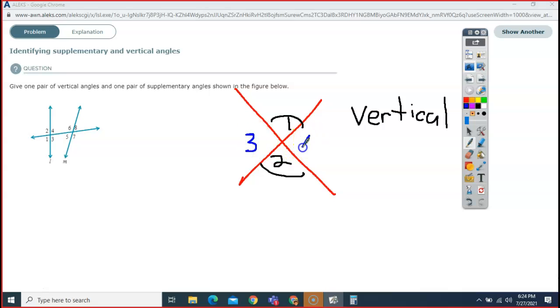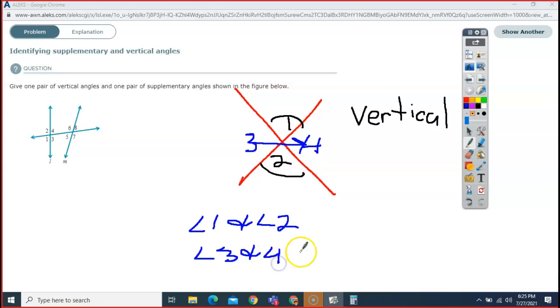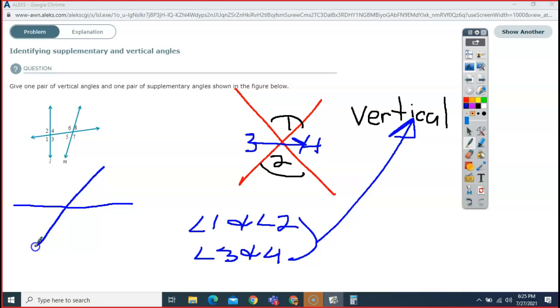Let's go with 3 and 4, because to go from 3 to 4, I have to cross through this X. So angle 1 and angle 2 are vertical, and then angle 3 and angle 4, because you have to cross through. They're all vertical.